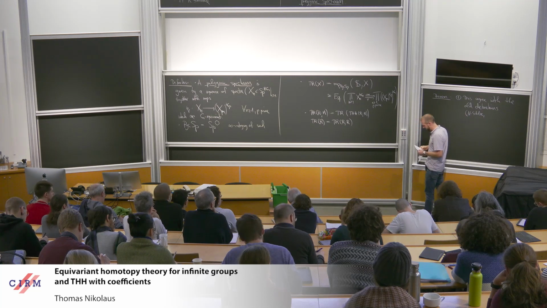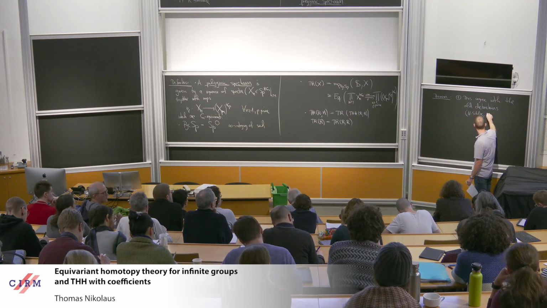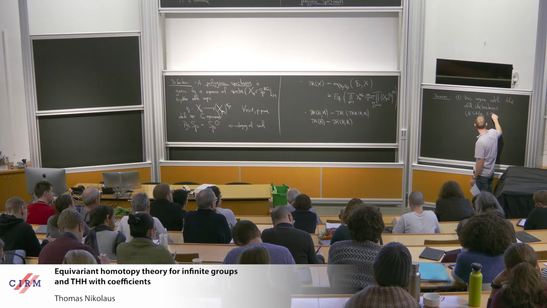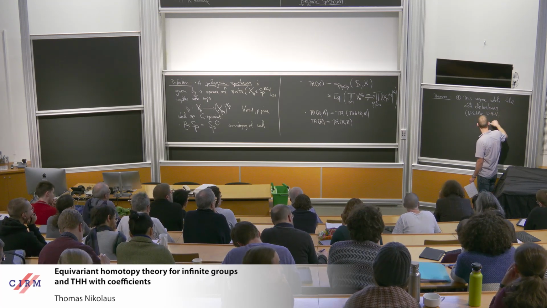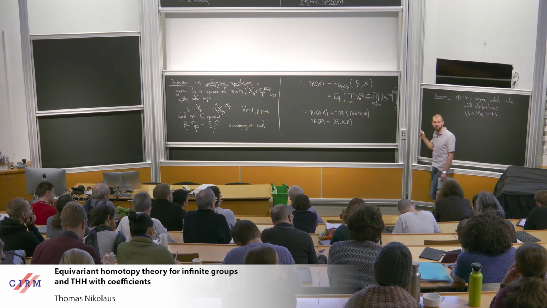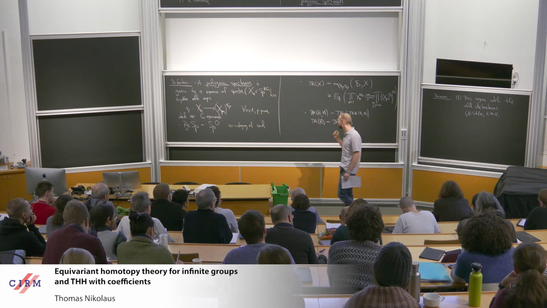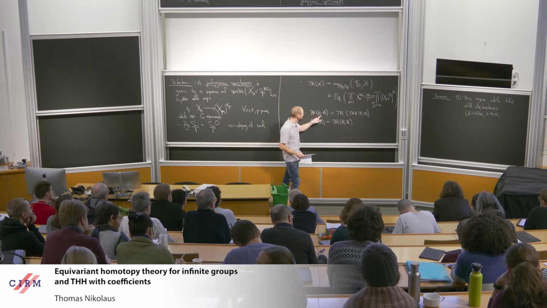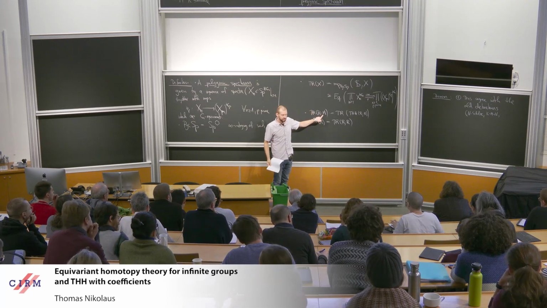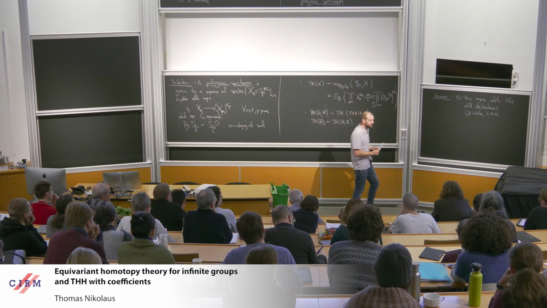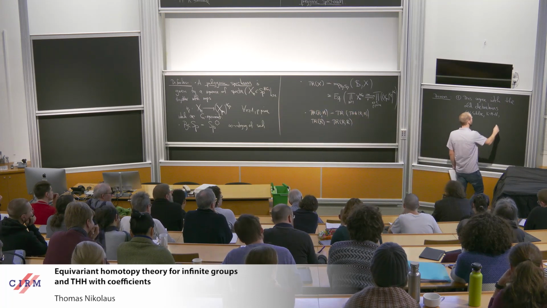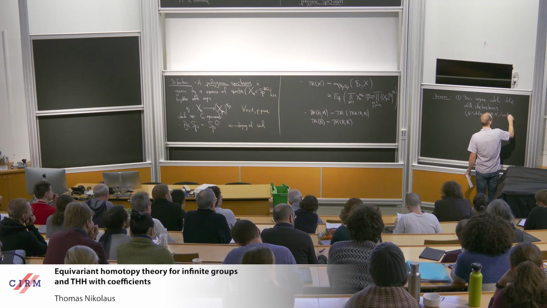Then there are other definitions which we compare in the paper with Achim and Jonas. And finally, I should say, the first instance that I'm aware of in the literature where people have defined TR with coefficients is Lindenstrauss-McCarthy. I might be wrong on that, but I hope this is the first one. And so one can compare it also to Lindenstrauss-McCarthy.